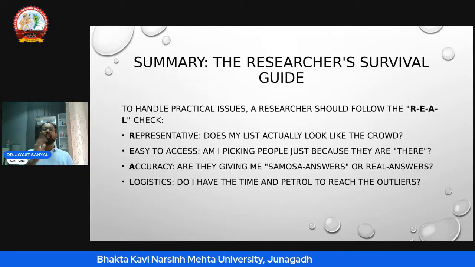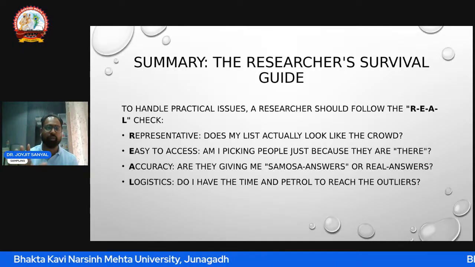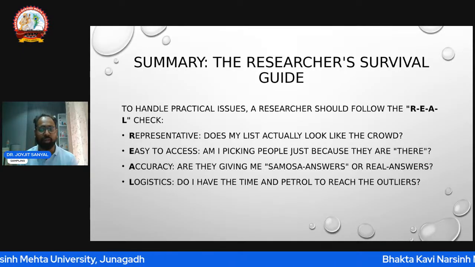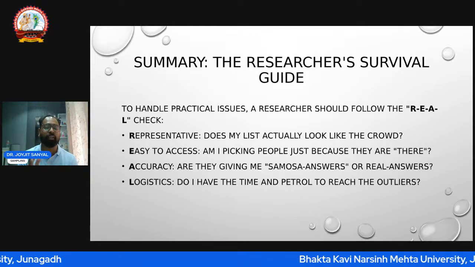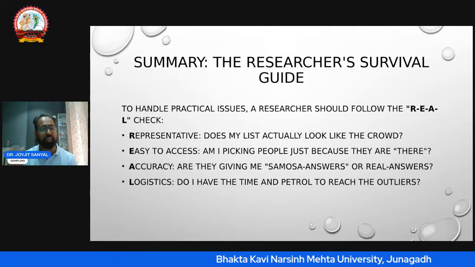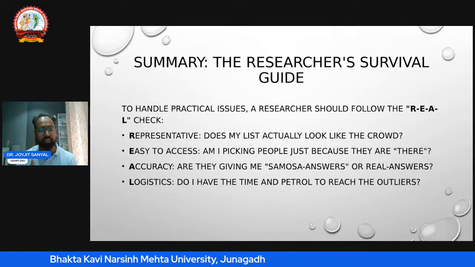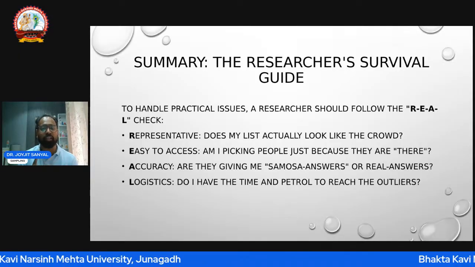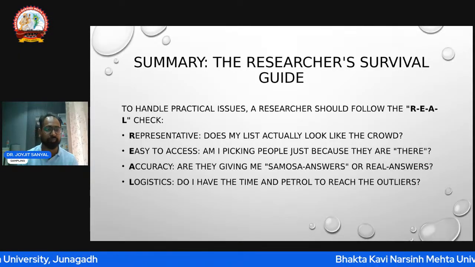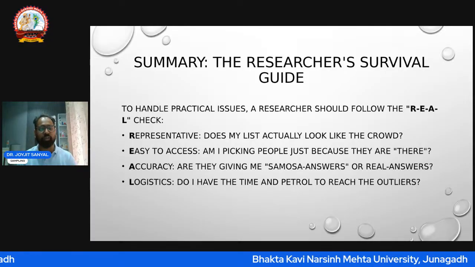So what is the summary that we come across so far? The researcher's survival guide. To handle practical issues, researchers should follow the REAL check. What is the REAL check? First, R for representative. Does my list actually look like the crowd? So the sampling frame that we talk about, right?